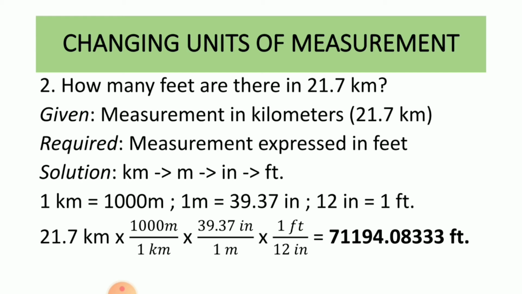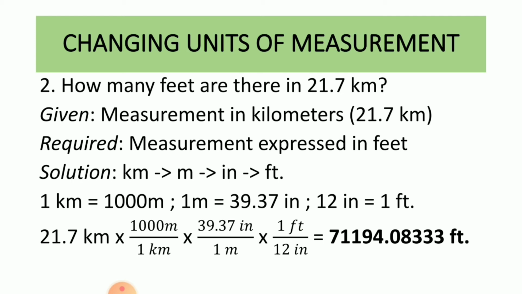The conversion factor of kilometer to meter is 1,000 meters all over 1 kilometer. Then from meters, we will convert it into inches. So 39.37 inches all over 1 meter. Then from inches, we will convert it into feet. So 1 foot all over 12 inches.